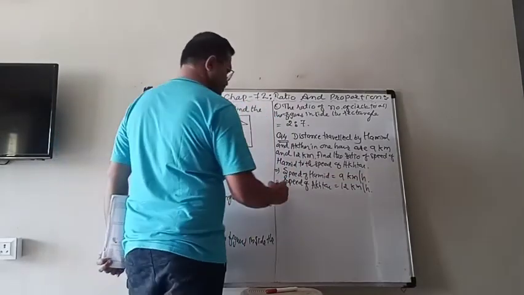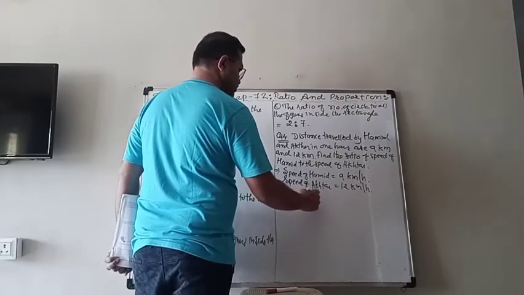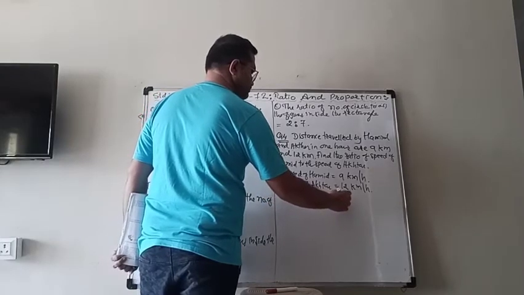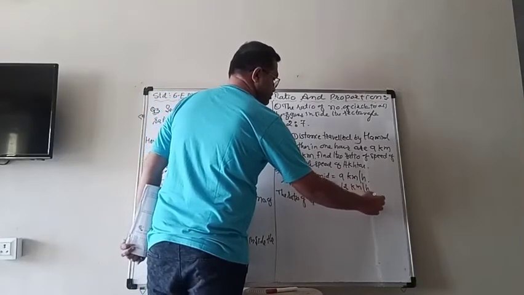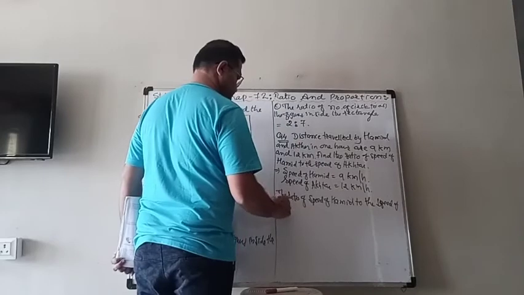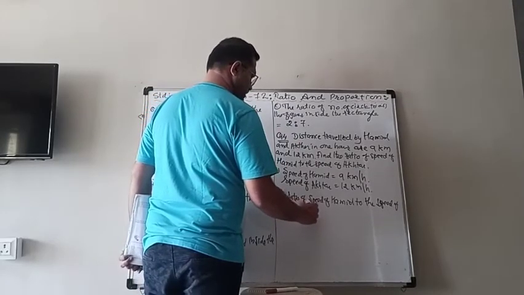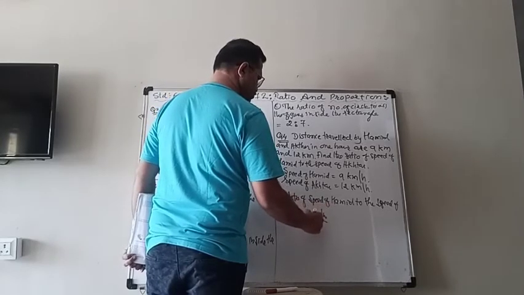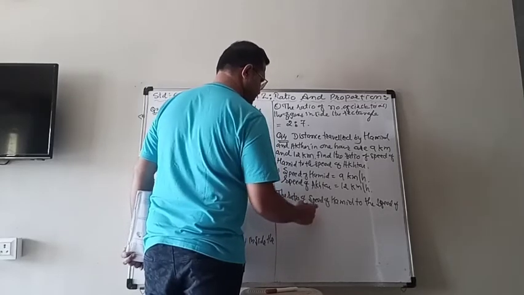So now the ratio of the speed of Hamid to the speed of Akhtar is equal to 9 kilometer per hour upon 12 kilometer per hour. We have to take it as a ratio, so 9:12.